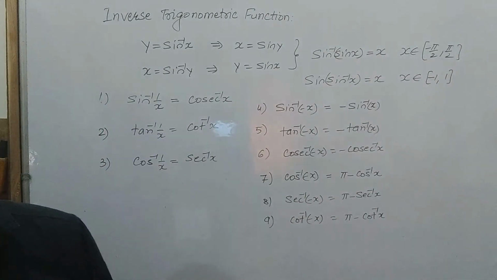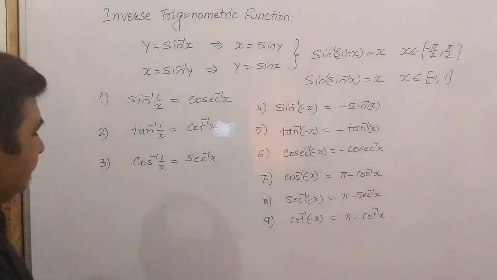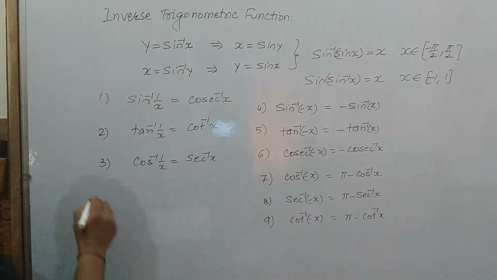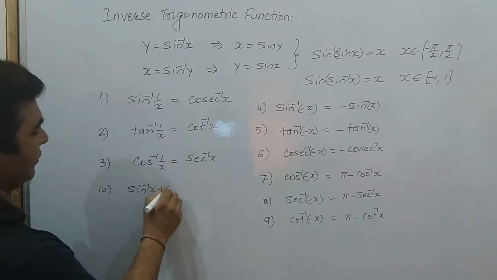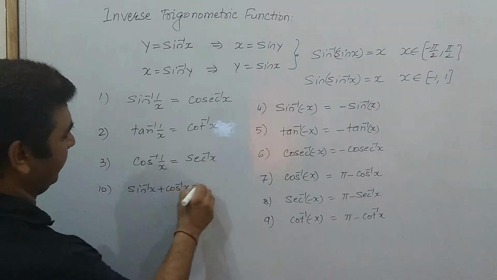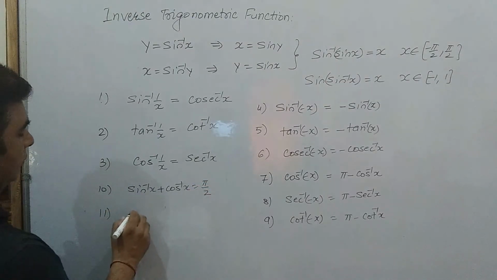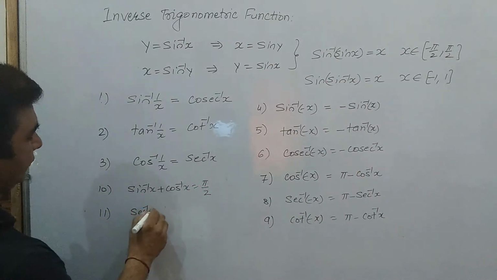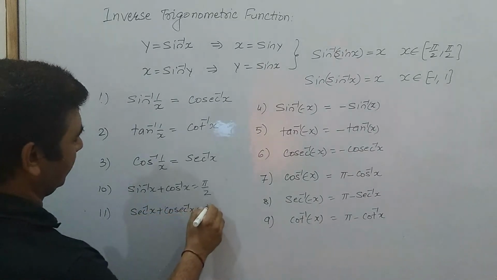Now next is number 10. Sin inverse x plus cos inverse x is always equal to pi by 2. Sec inverse x plus cosecant inverse x is also equal to pi by 2.